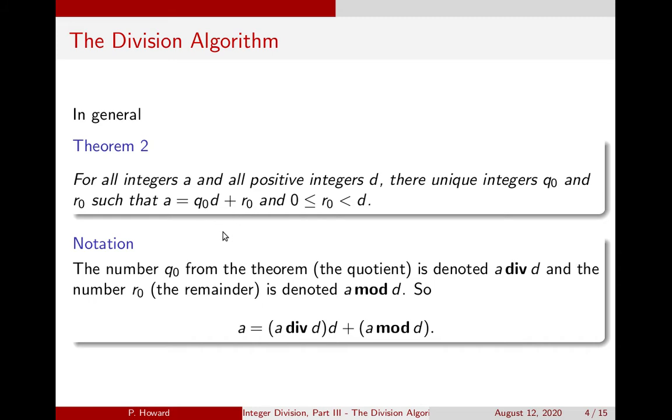And in general, we will use a div d for the quotient when you divide a by d, and we will use a mod d for the remainder when you divide a by d. So the q0 from the statement of the theorem is a div d, and the r0 is a mod d, the remainder.